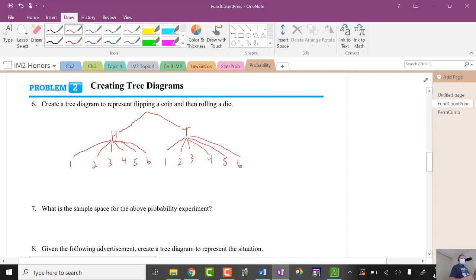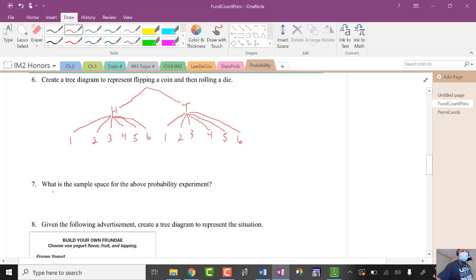And then I'm going to go back to this one and show you how we're mathematically going to do 5 through 8 without drawing a tree diagram. Okay, what is the sample space for the above probability? All right, this is where this gets a little bit crazy. You can get heads 1, heads 2. Notice I'm not drawing braces on here because there's a lot of possibilities and I don't really need them. I'll separate it with commas.